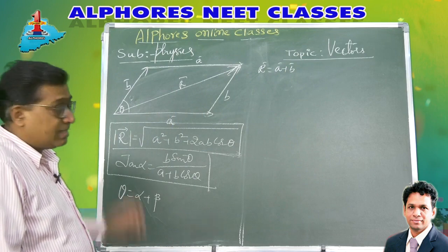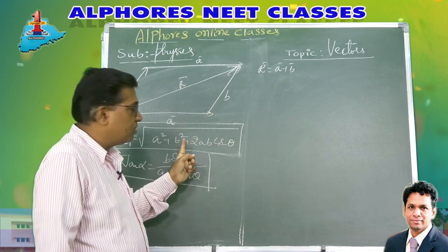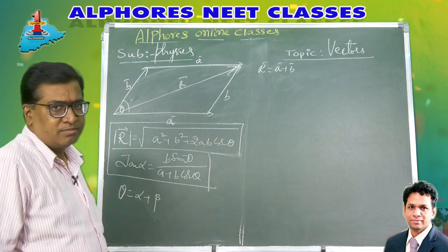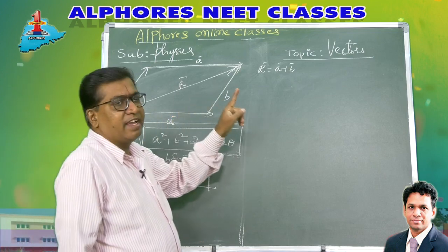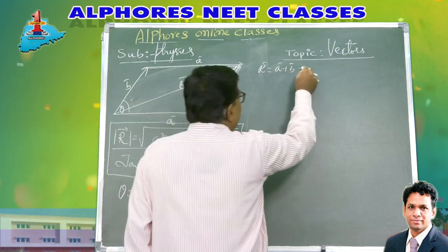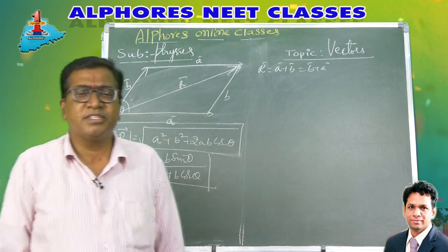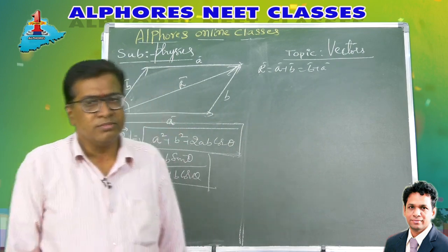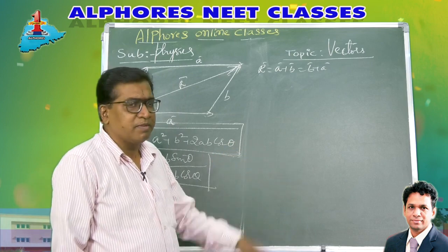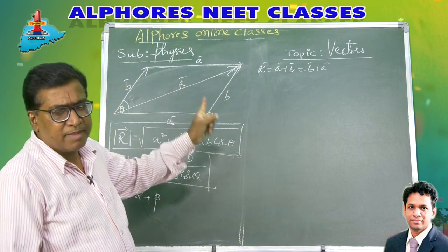The magnitude of R is root of A square plus B square plus 2AB cos theta. If I take the resultant R as B bar plus A bar, addition of vectors obeys the commutative law. A bar plus B bar is the same as B bar plus A bar. So whether you are adding B to A or A to B, the resultant is the same, with the same magnitude R.